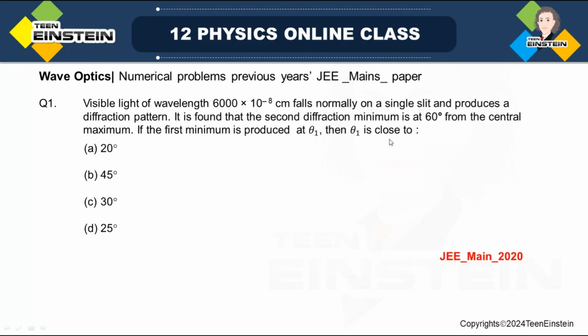Hello students, I'm back with a few numerical problems from previous years' JEE Mains papers on wave optics. In today's class, I'll be concentrating on problems from interference, basically Young's double slit experiment, YDSE in short, and single slit diffraction.